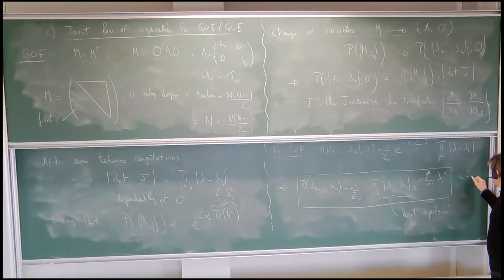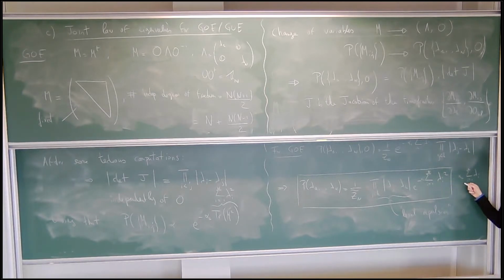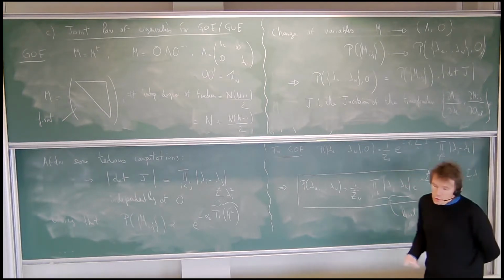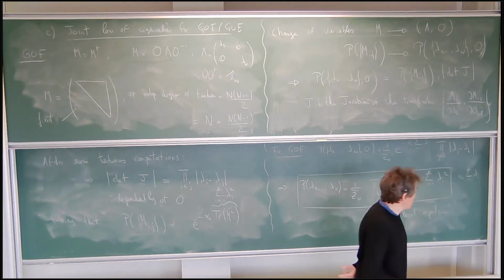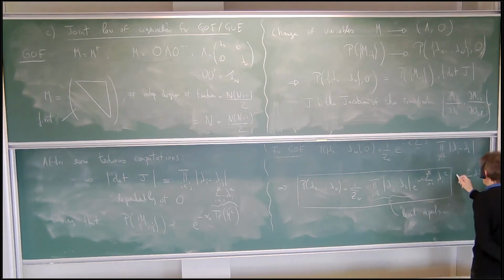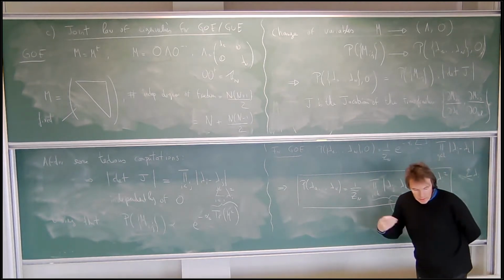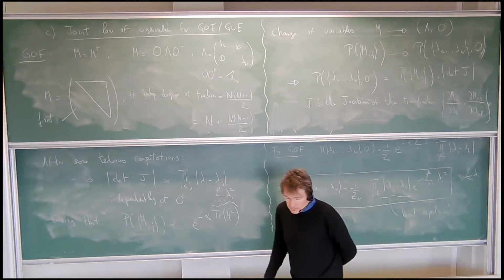In fact, I just didn't want to have it, but that would just produce this additional term here. Now it turns out that the GOE usually is defined without this term. Okay, so that's why I just ignored it at the moment, but it can be reintroduced if needed.